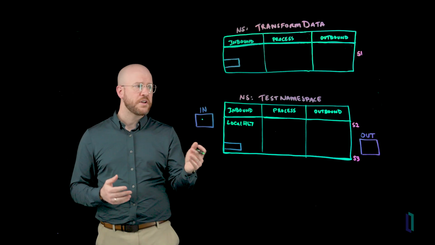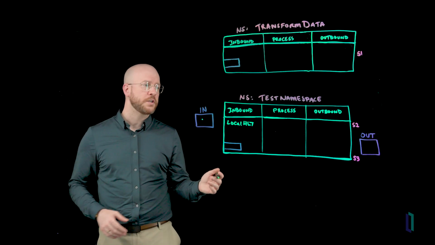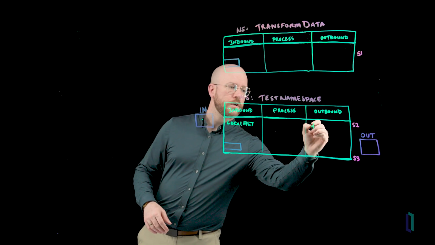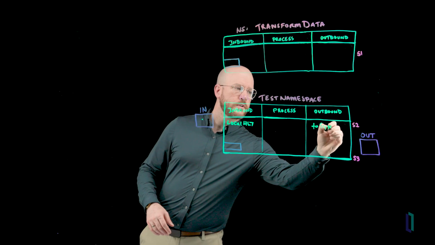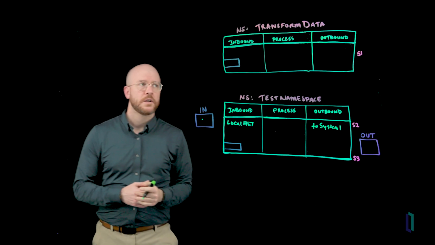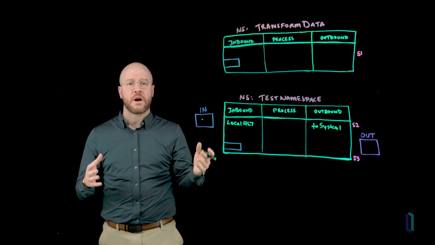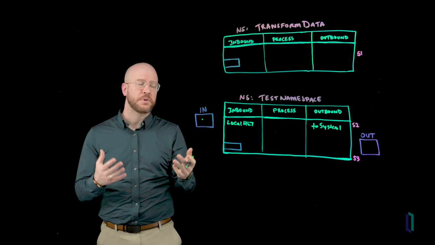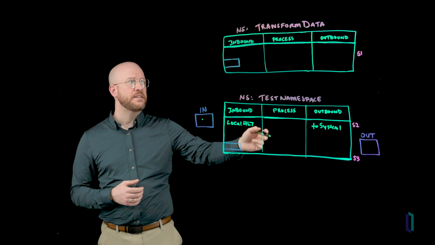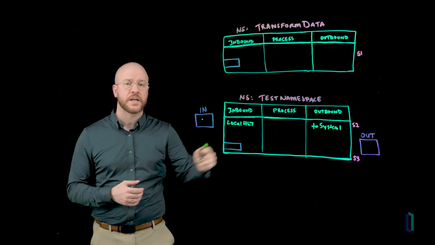From local HL7, we go to the other side of the production where we have an outbound host called to system 1. So to system 1 is going to be sending us up to the top system here, which is where our actual client integration is being built. Now you can notice on the side of the diagram there, we have S1, S2, and S3.